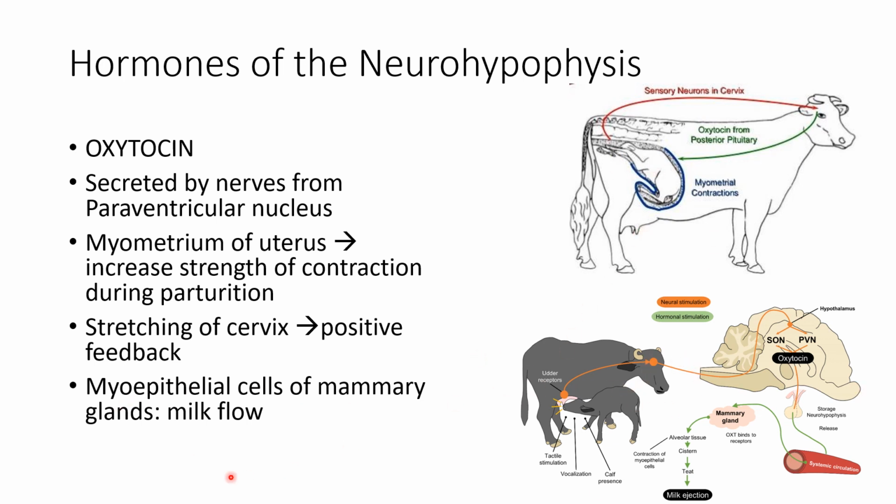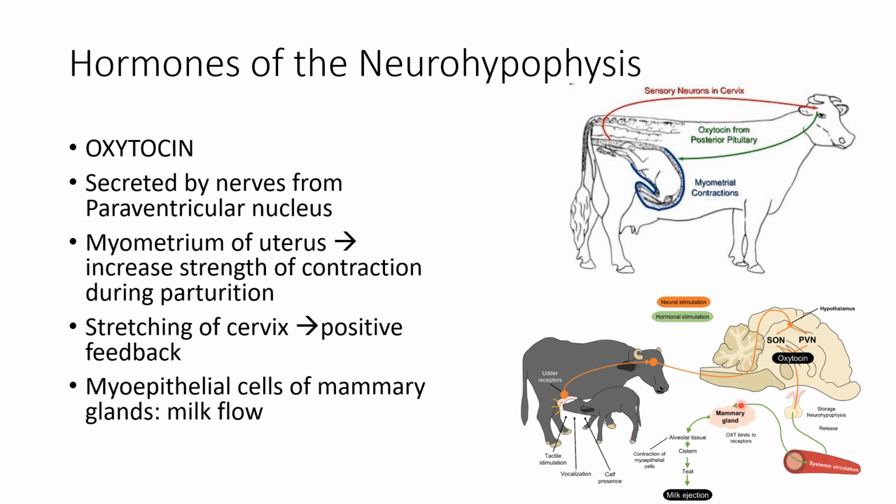Aside from that, it also has a role in milk flow. The suckling reflex of the calf is sensed by receptors, which send a feedback to the brain, that is sensed by your paraventricular nucleus, which enables them to send a signal to the posterior pituitary to increase the secretion of your oxytocin.